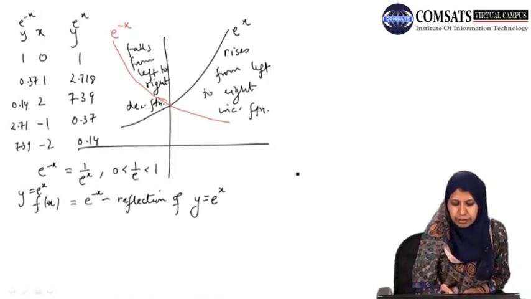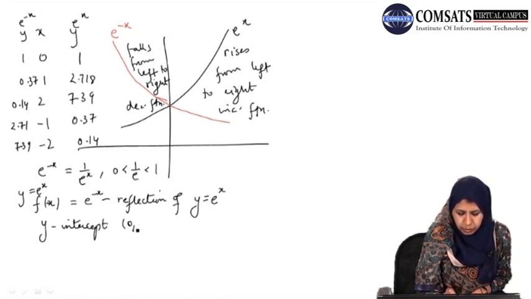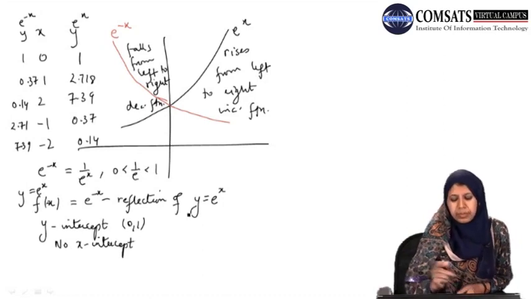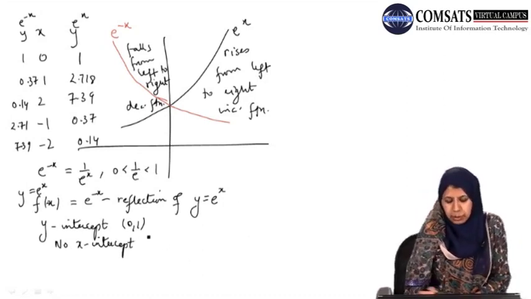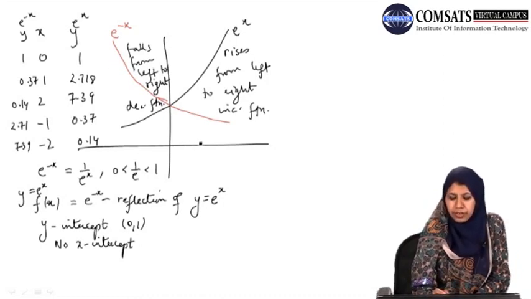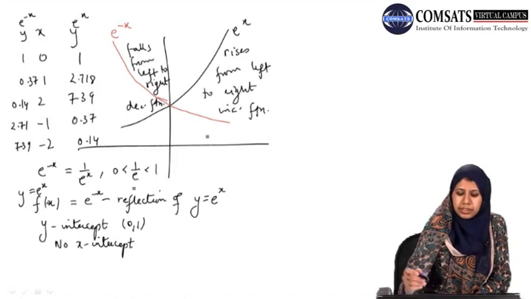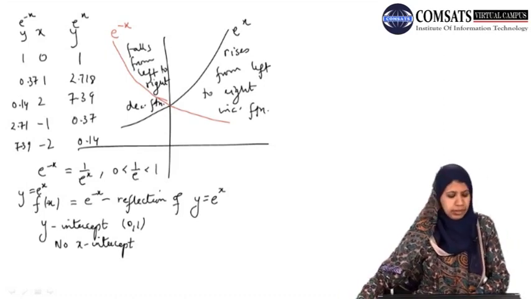So both the graphs have y-intercept as 0, 1, no x-intercept, and the other properties we have already seen: the graph of e to the power minus x is a graph of a decreasing function falling from left to right, and the graph of e to the power x is a graph of an increasing function rising from left to right.